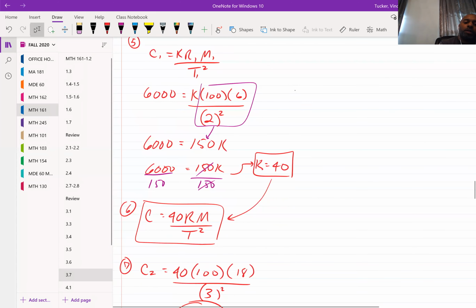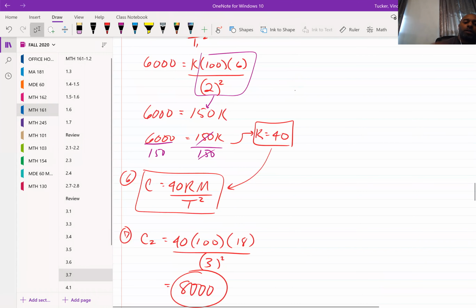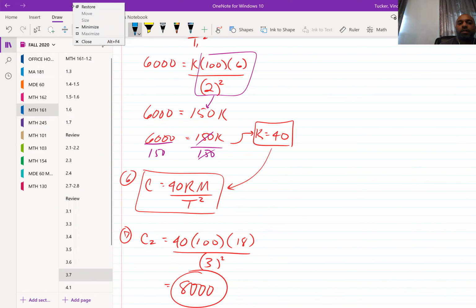And now we'll plug in our second set of information to find our second centrifugal force. So we already have 40 for K, plug in 100 for R, 18 for M, and then 3 for T. Simplify that, you get 8,000. So 8,000 dynes.